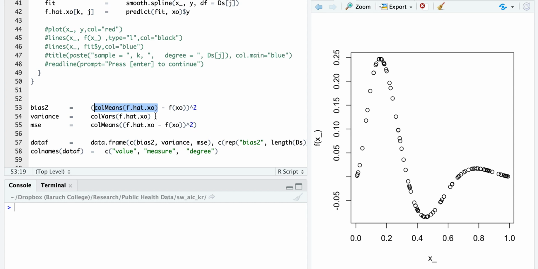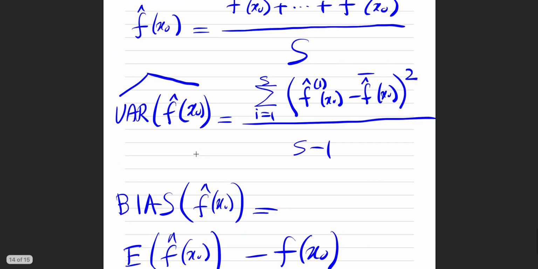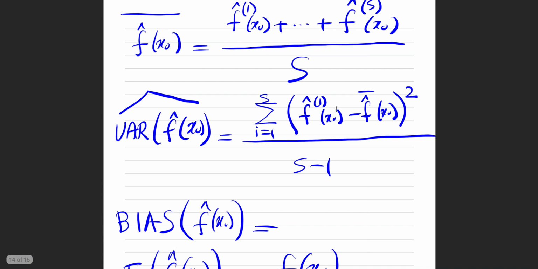Then we calculate the column variance among the samples, which is this part. It's the sample variance along the samples. This is actually k, if we want to be consistent with the notation.